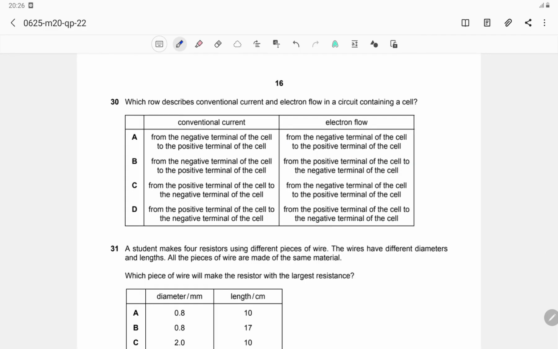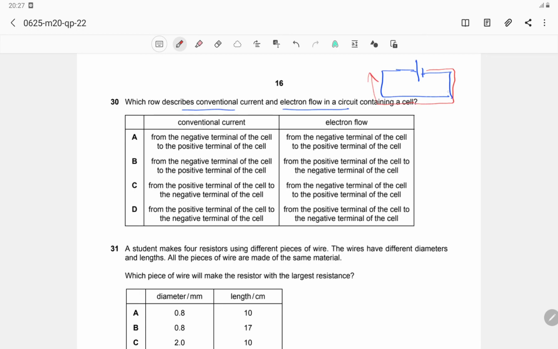Question number 30. Which row describes conventional current and electron flow in a circuit containing a cell? It's a very easy question. As you know, if you have a cell, the electrons will always flow from the negative side of the cell to the positive side.